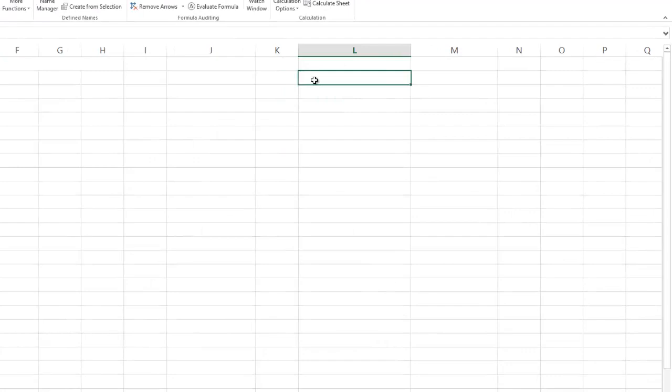Over here in L2, I'm going to put in daily average of socks, and daily average of shoes. We also want to put in the number of observations.